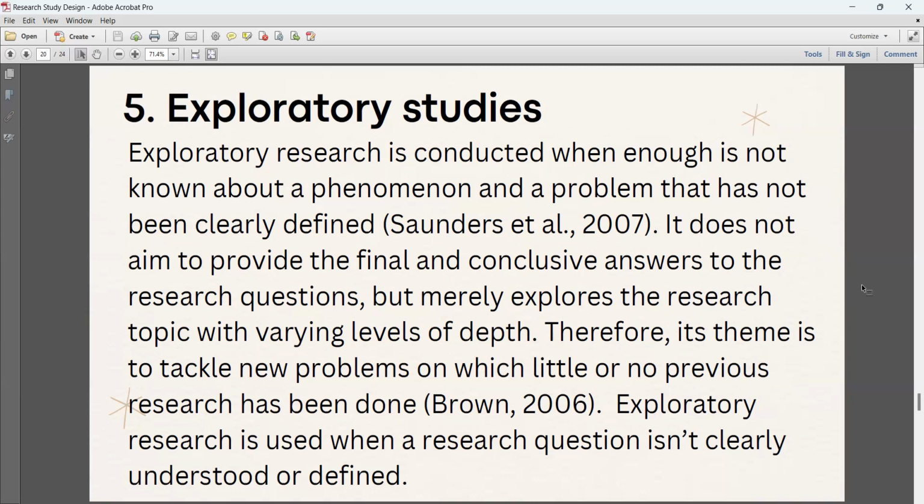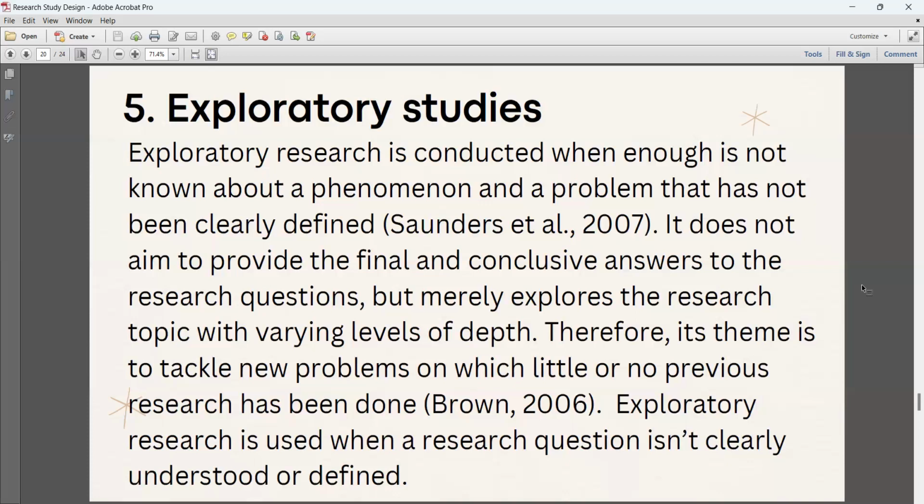It does not aim to provide the final and conclusive answers to the research question, but will merely explore the research topic with varying levels of depth. Therefore, the main theme of an exploratory study is to tackle new problems on which we know little, or on which no previous research has been done.